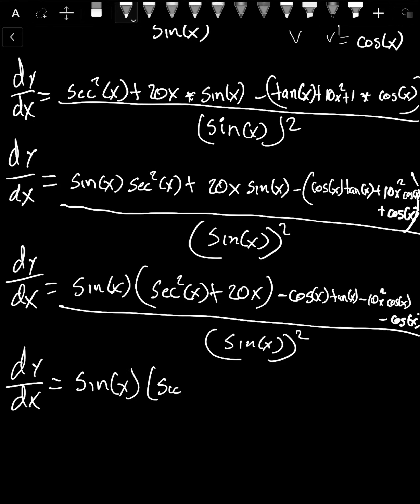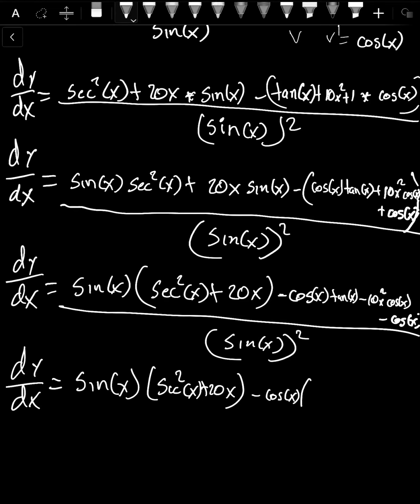So dy over dx is equal to, the first term stays the same, secant squared x plus 20x. The second term, we can factor out cosine of x from the second term.